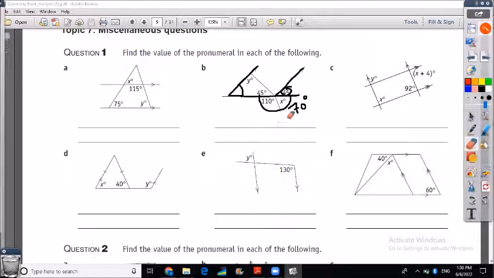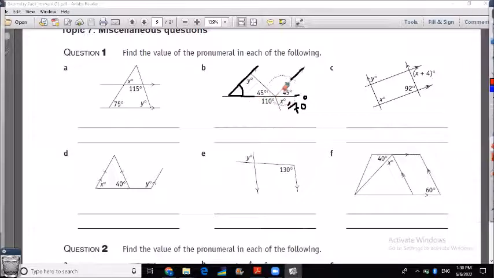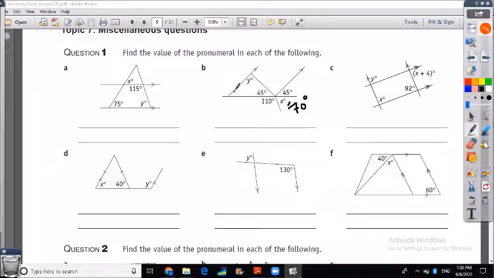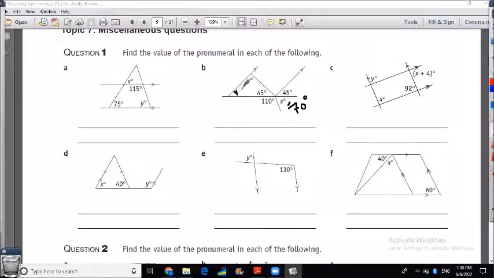Corresponding angles. I'm going to erase all of this. We agreed then that this is also 45 degrees. If this is 45 and this is 45, now we can easily find y. It is going to be 90 degrees. So y is 90 degrees.